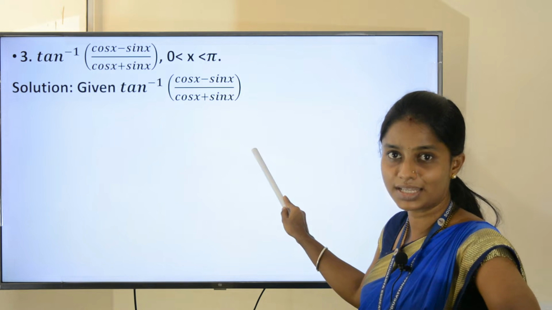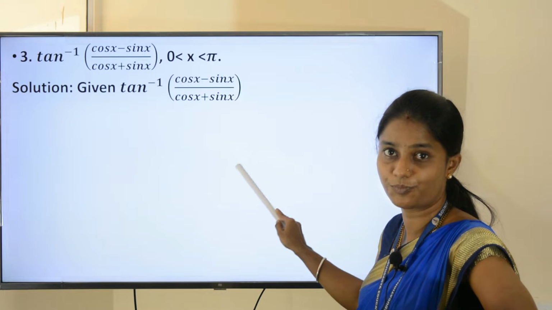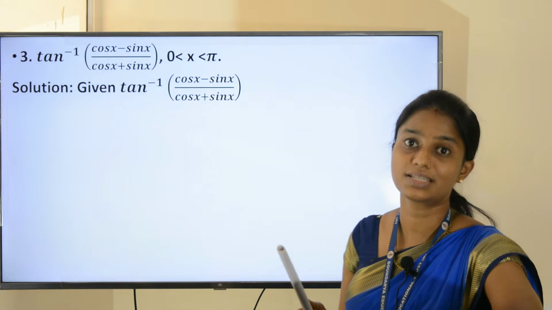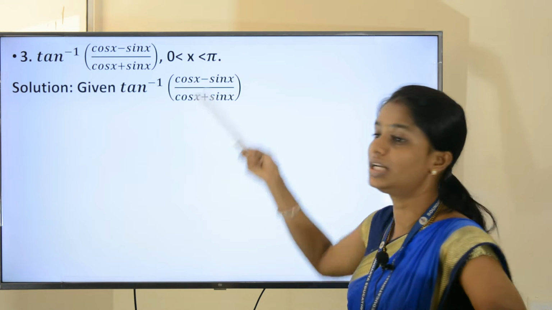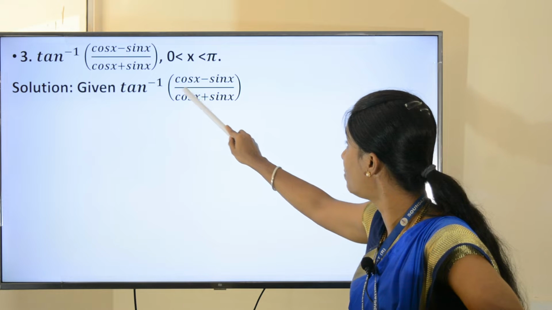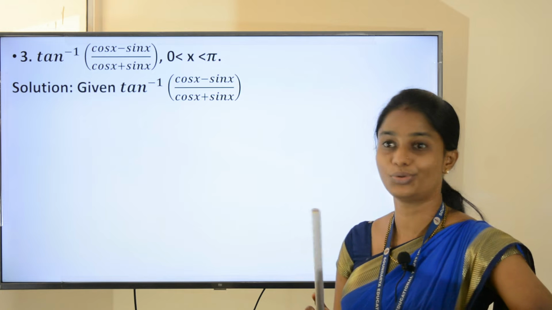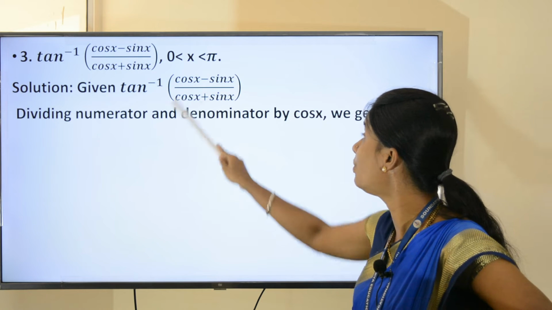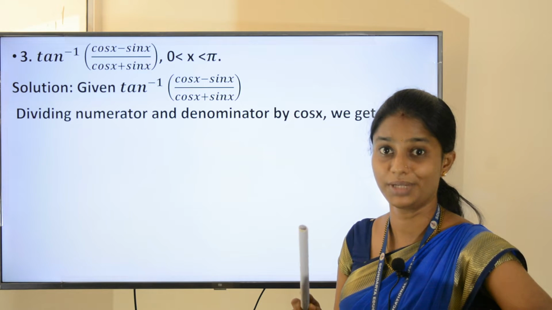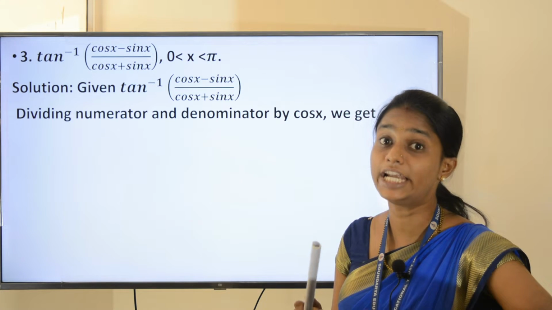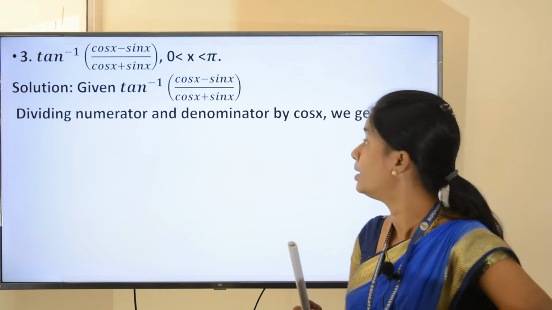Tan x minus tan y divided by the third part, 1, minus or plus, the fourth part, tan x into tan y. So please observe this expression. I am going to convert it in terms of tan, so the third part, what is it? From cos x I should get 1. So what I have to do is divide numerator and denominator by cos x only. Okay, please observe how I have identified the dividing term cos x.